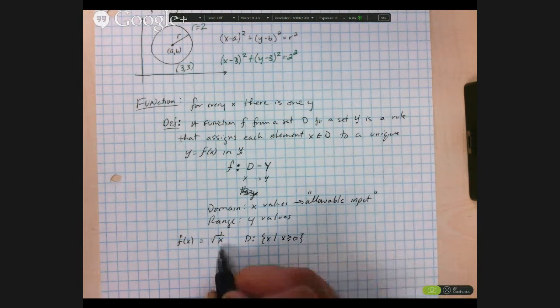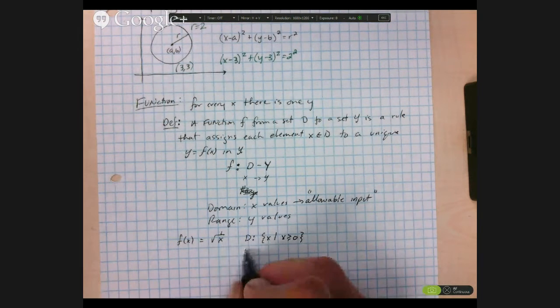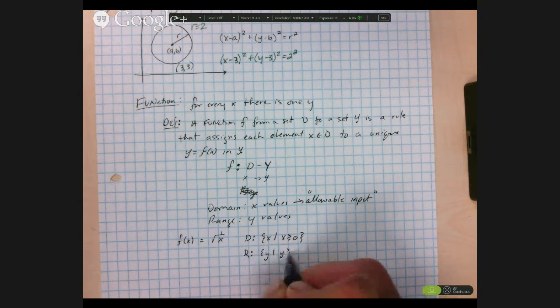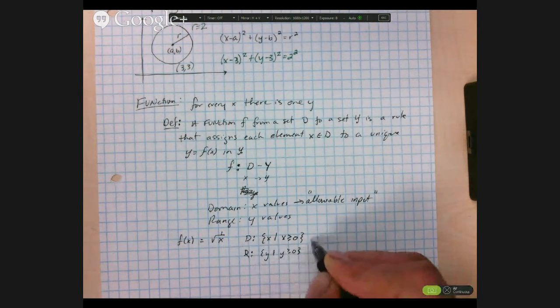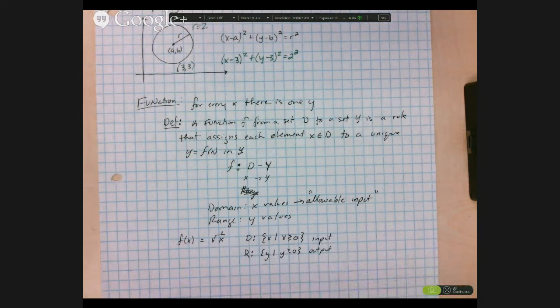So it's 0 or bigger, positive. The range, again, is going to be the set of y such that y is greater than or equal to 0, because that's the output and the input.